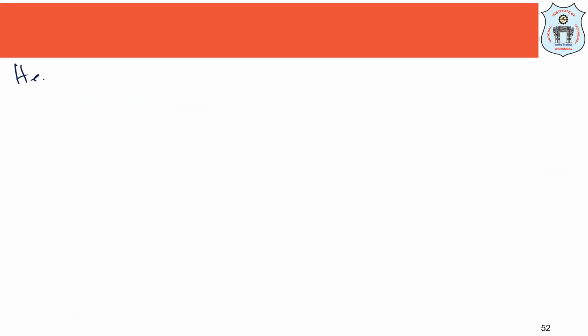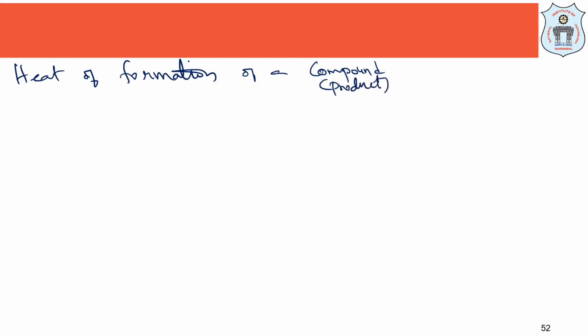Then we have what is heat of formation. What is heat of formation of a compound? We form a product. What is the heat of formation of the product?